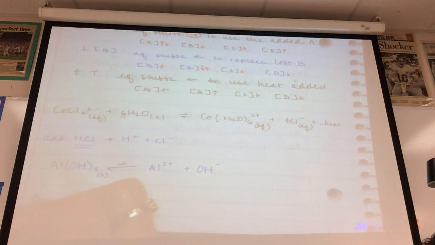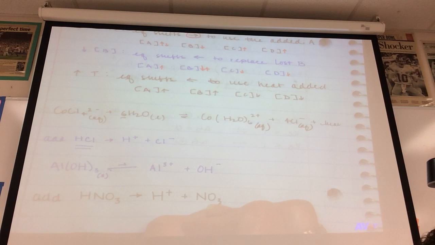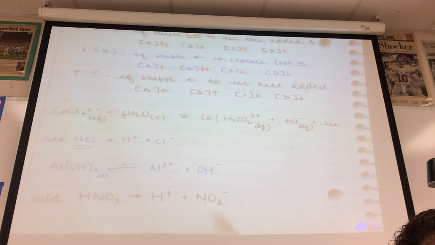Let's say that you added nitric acid. Is nitric acid a strong acid? Yes, so it ionizes completely. Are all nitrate containing compounds water soluble? Yes. So this would not form a precipitate. It's essentially still just aluminum ion and nitrate ion.